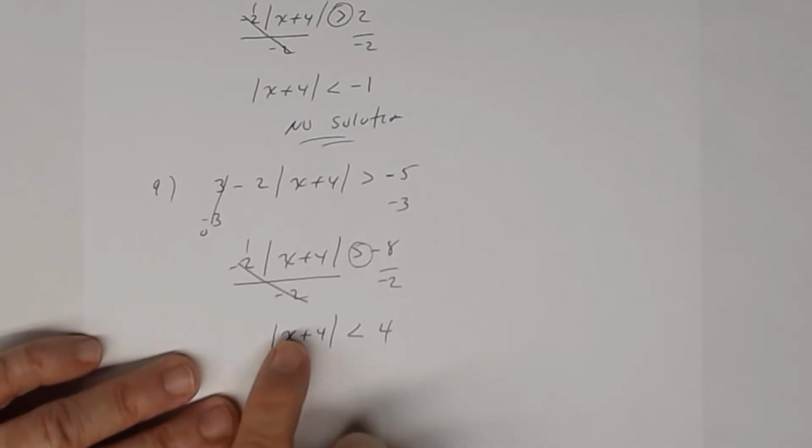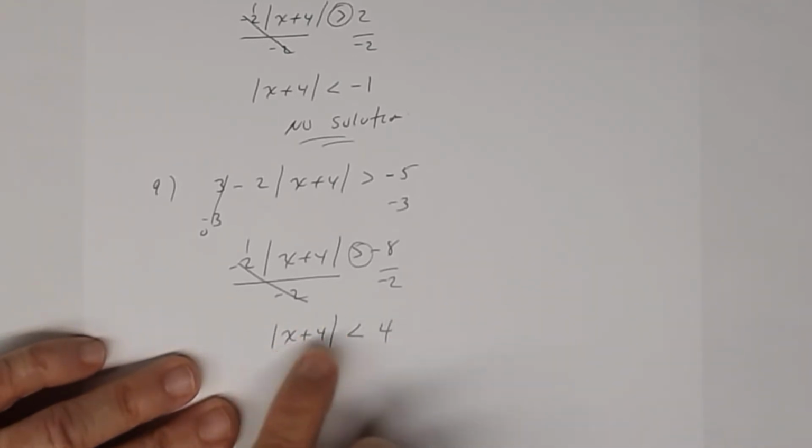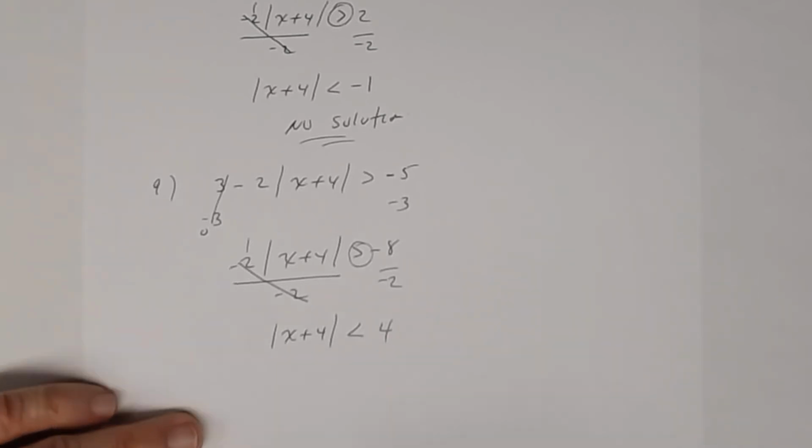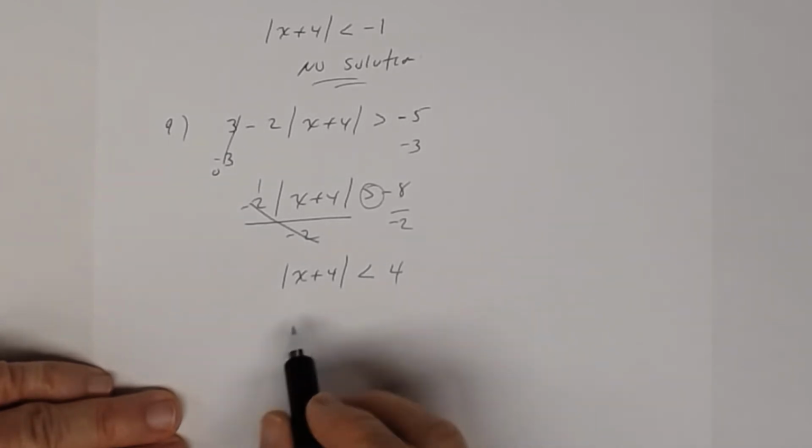I will get solutions because the absolute value here can be positive or 0, and a positive number or 0 can be less than 4. Well, some positive numbers can be less than 4, but I'm going to get solutions because this number is positive.